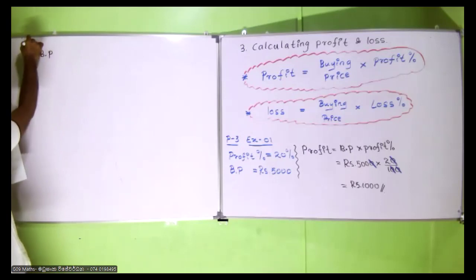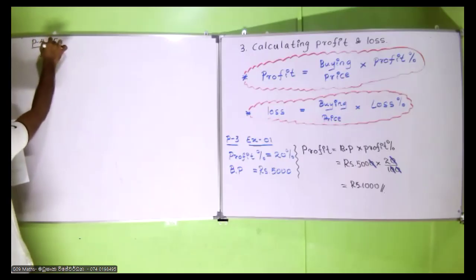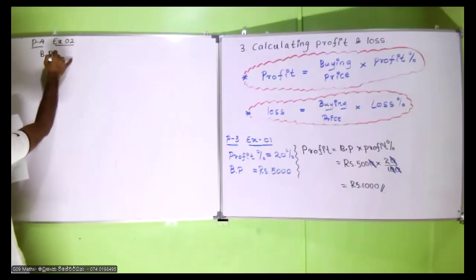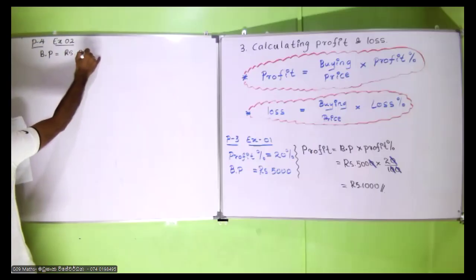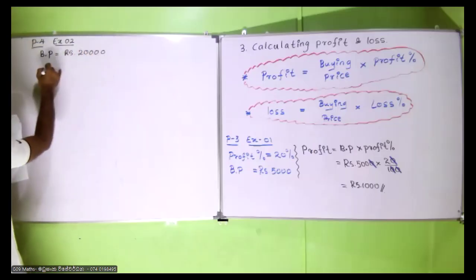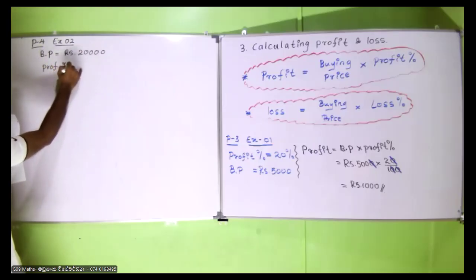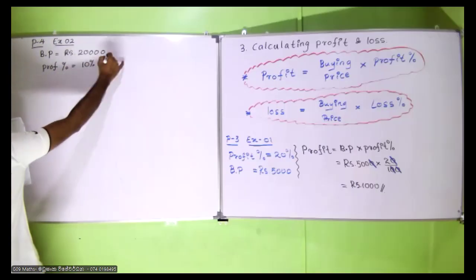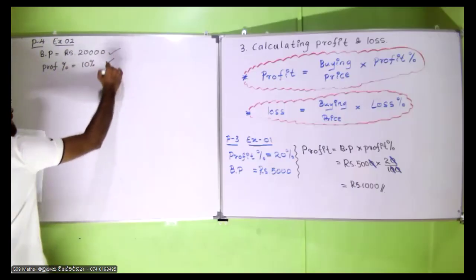This is page number 4, example number 2. Buying price has been given, 20,000 rupees. Then the profit percentage has also been given: 10%. So we know the buying price and the profit percentage.